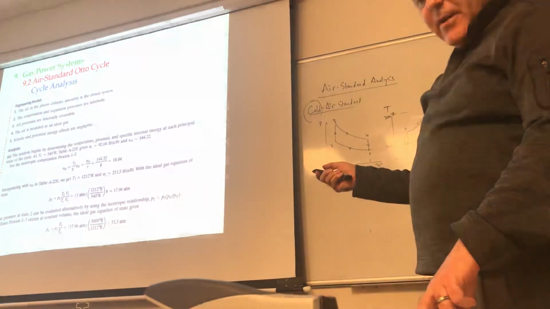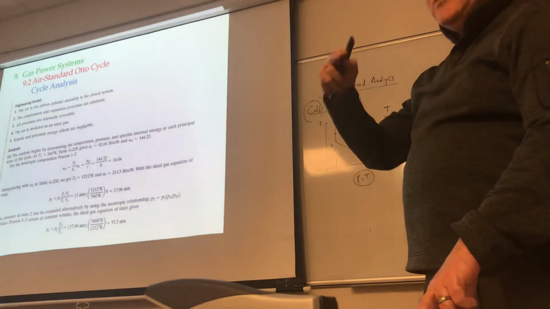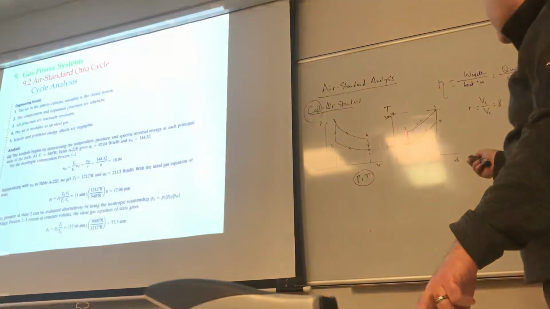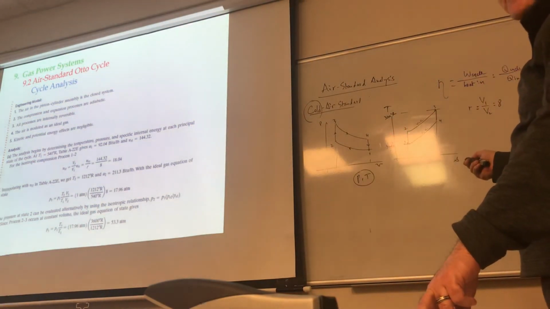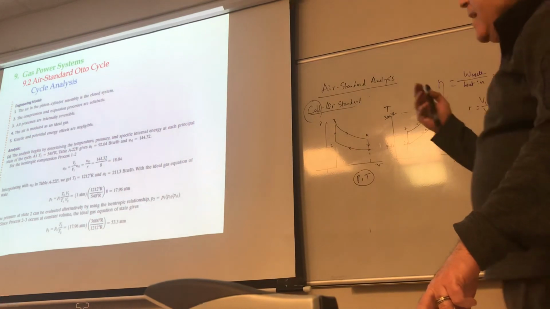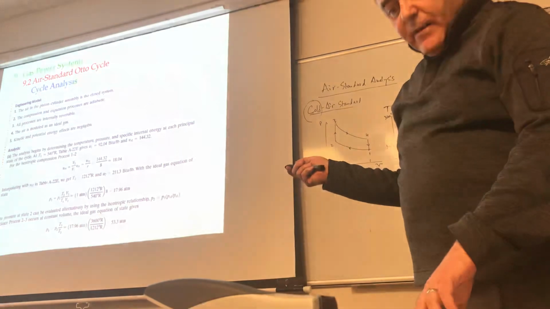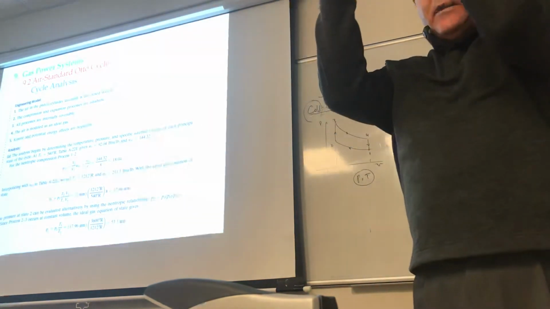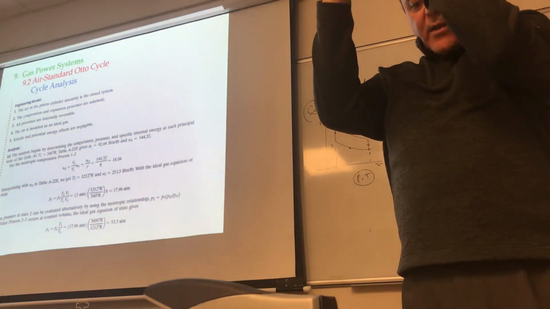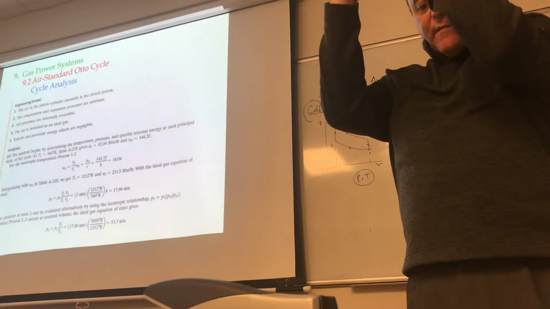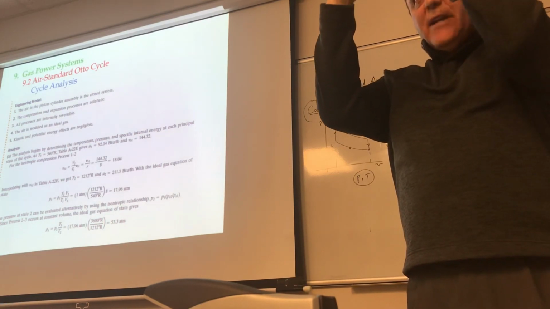Now, because between 1 and 2 is an isentropic process, what you need to figure out is vr. You see those columns in between the table, columns 5 and 6? What is the title on top of that?